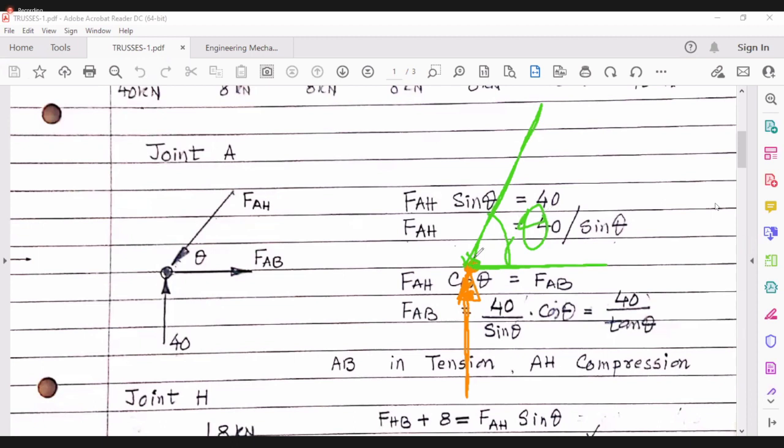Now sum of the vertical forces is 0. So force by AH, vertical component will be here. And this one does not have a vertical component at all. So sum of this and this has to be 0. So this must be directed in a downward direction. So FAH should be acting like this.